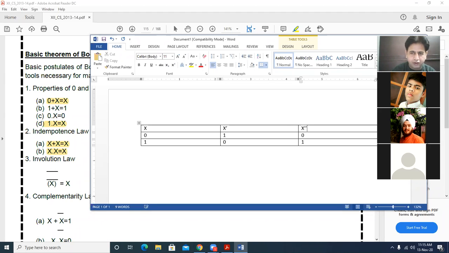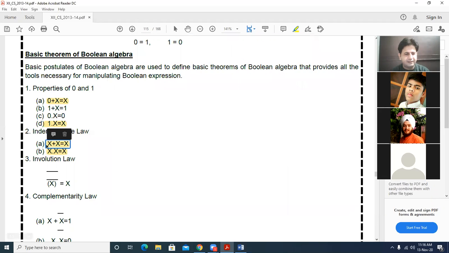I'm using naught two times, so here it is 1, it will be 0, and here it is 0, it will be 1. Look here, the last column is exactly equal to the first column. So the involution law indicates that if there is x naught naught, it is always equal to the original x.